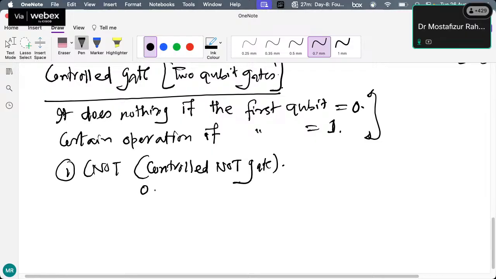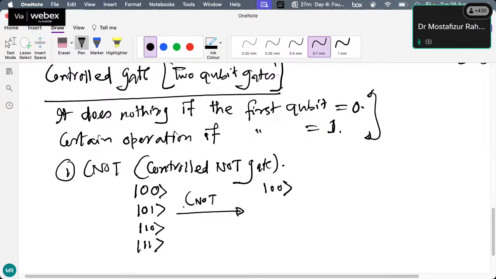By definition, if I have a composite system of two quantum states, say Ket 00, Ket 01, Ket 10, and Ket 11, the four possible states for 2 qubits, right? And I apply a C-NOT gate. By definition, for the first two, you can see the first qubit is 0, so there will be no change to the second qubit. So 00 will be 00 and 01 will also be 01.